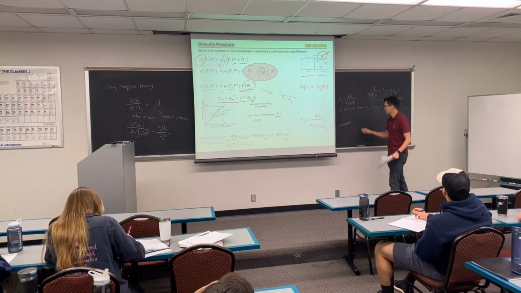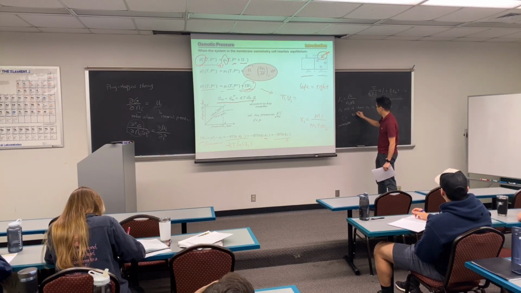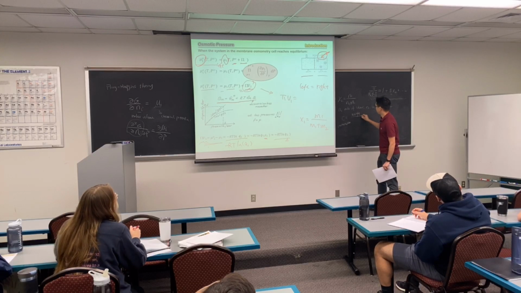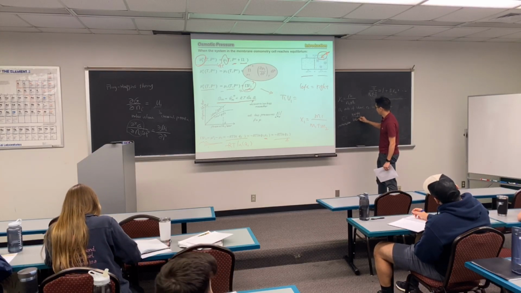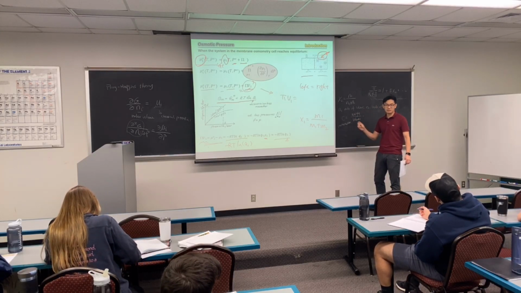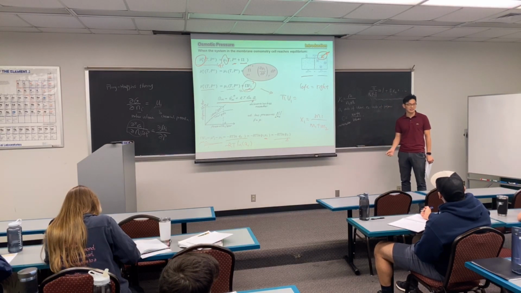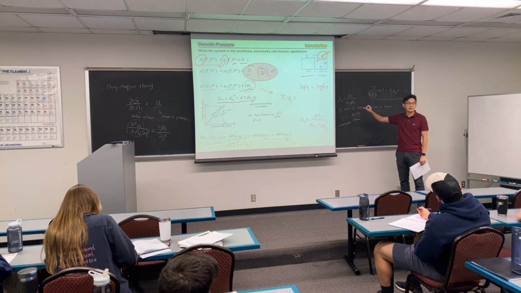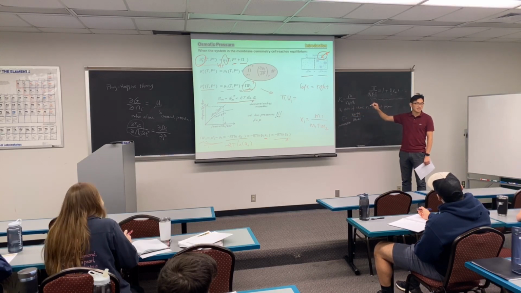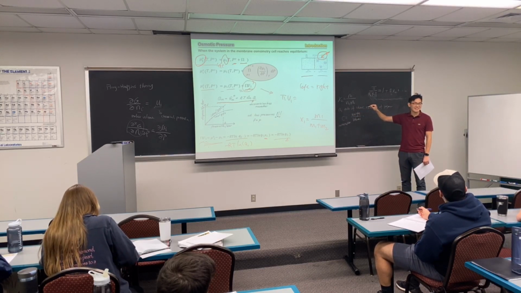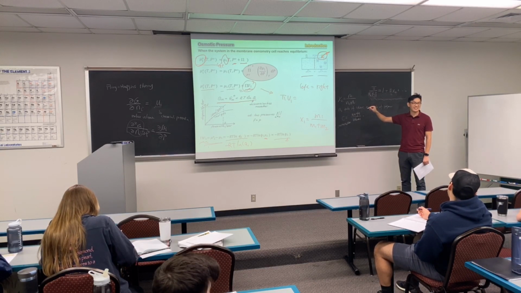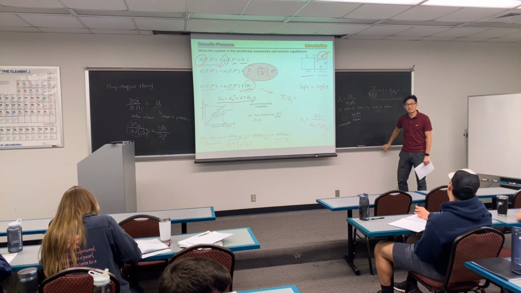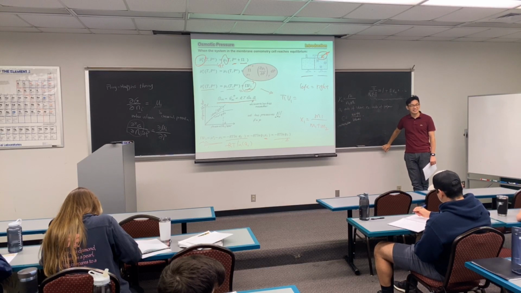Concentration is weight divided by volume. You get grams per mil, right? That's your concentration. How does it relate to N? How does your concentration relate to N?